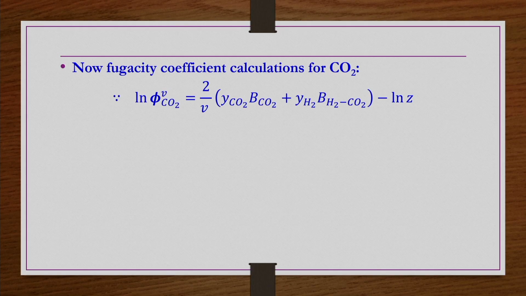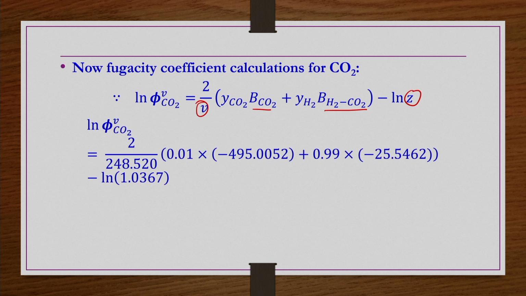Now we have all the information to find ln phi CO2 V. V mixture we got, Z mixture we got, and the cross virial coefficients and pure component virial coefficients also we got. So, substituting them here, we get phi CO2 V as 1.3118.